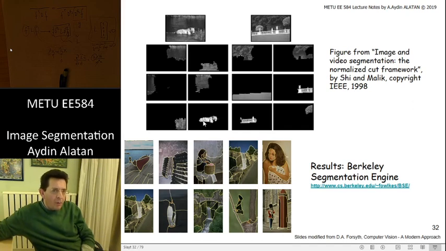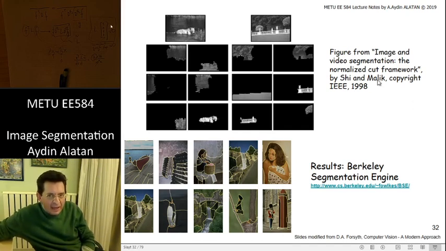Similarly, this staircase is obtained as a single object. And these are some other results from our famous Berkeley segmentation dataset obtained through this algorithm.